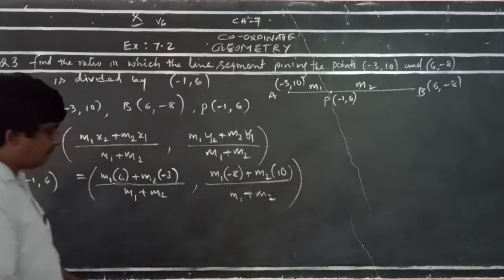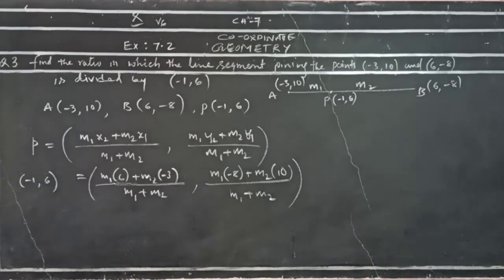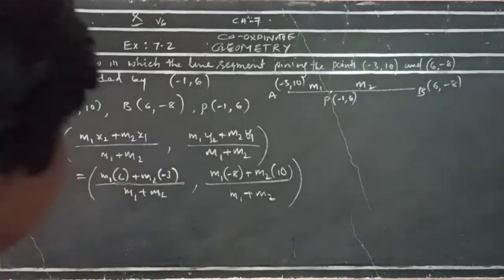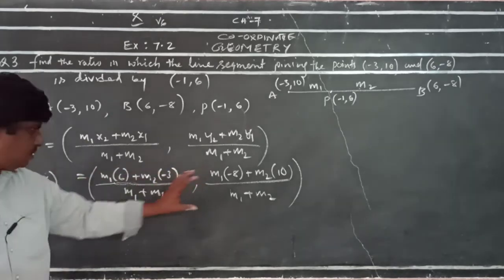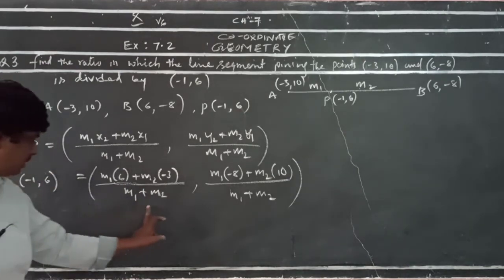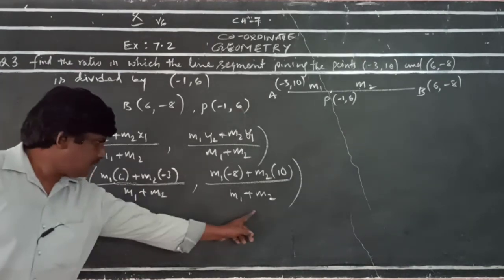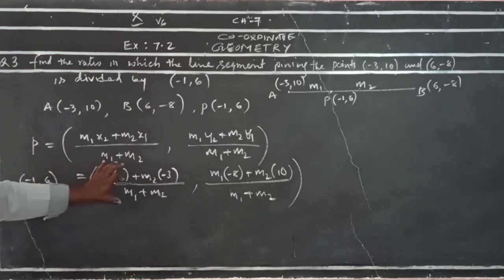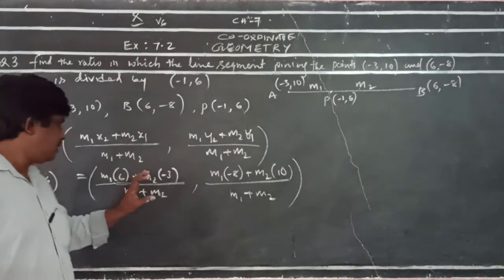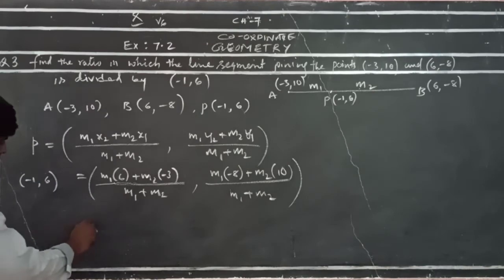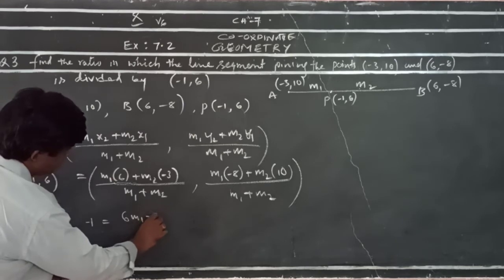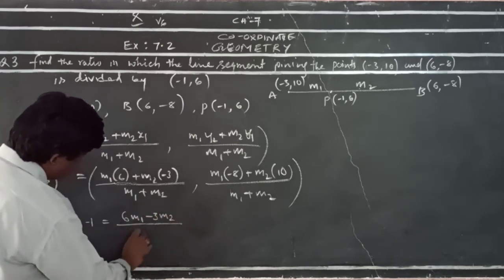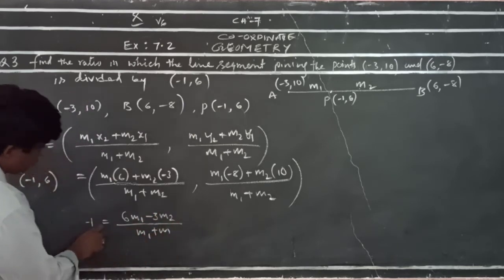This is just for understanding purposes that I am taking these 2 coordinates. Actually there is no need to take both; one is enough. Negative 1 is the x coordinate and 6 is the y coordinate. So clearly, -1 is nothing but (6m1 - 3m2)/(m1 + m2).